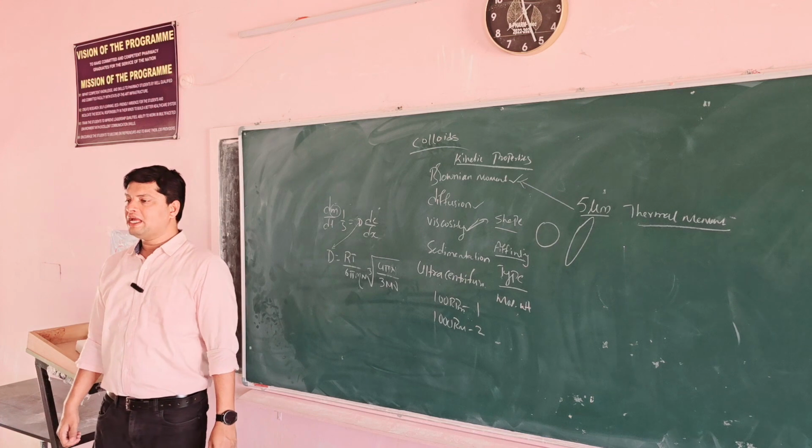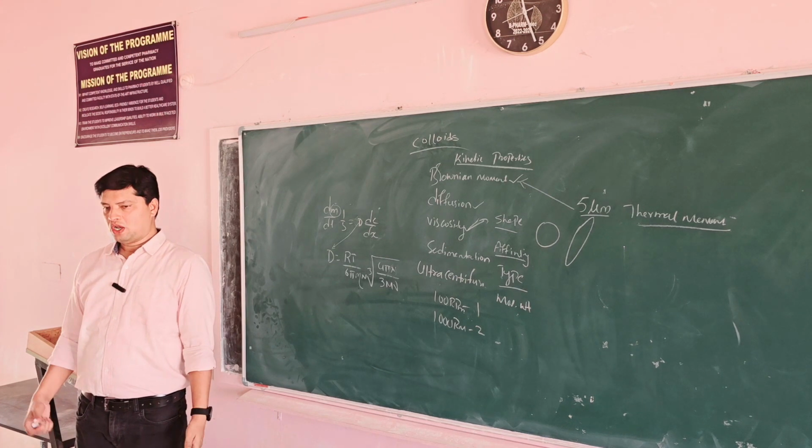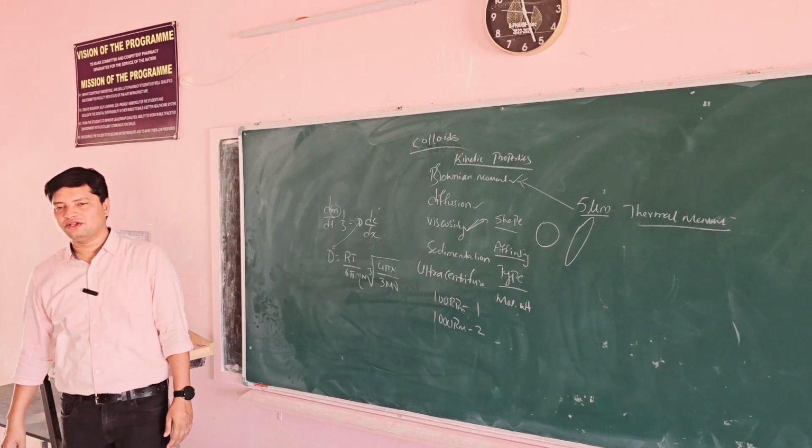So do you need high rpm or low rpm for your colloids? High rpm. Colloids are small in size, so you need high.